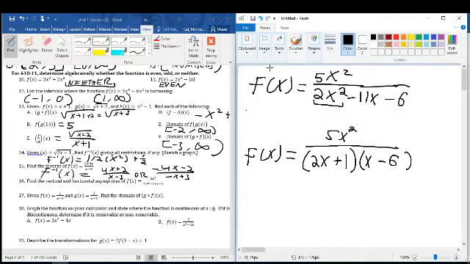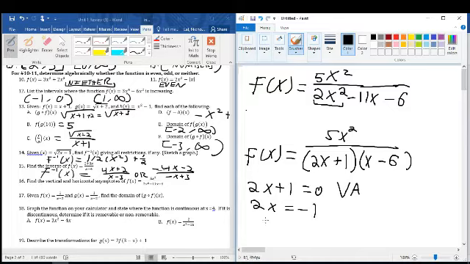So for our vertical asymptotes, we know that we can't have any of our terms in the denominator be equal to 0, so we'll have 2x plus 1 equals 0. This is for our vertical asymptotes, which means that 2x has to be equal to negative 1, which means x equals negative 1/2 is a vertical asymptote.